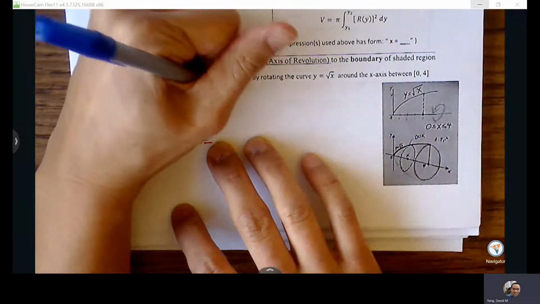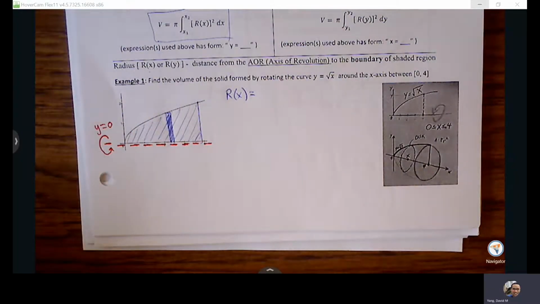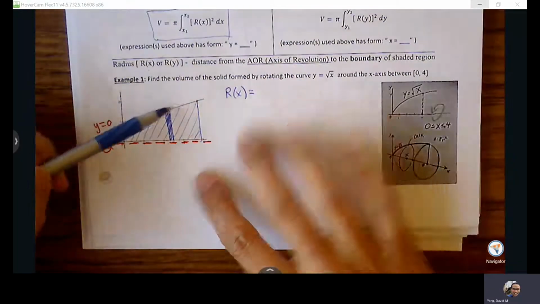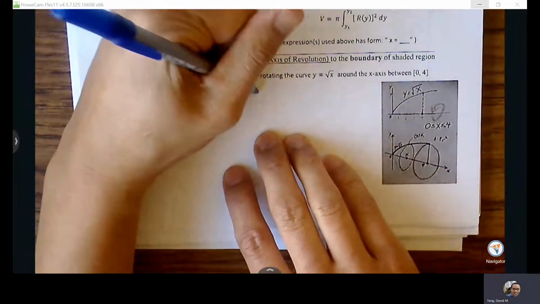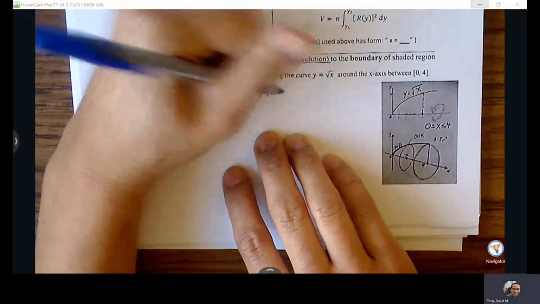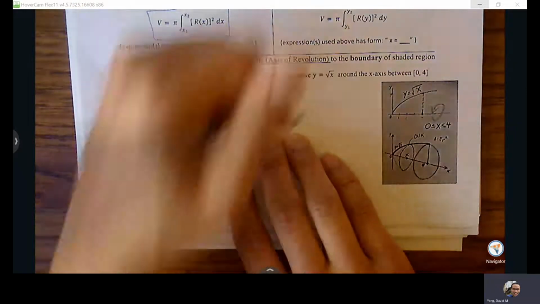And we're going to build our radius expression. Top minus bottom. The top of the radius is touching the curve, so that's root x. The bottom of the radius is touching the y equals 0.